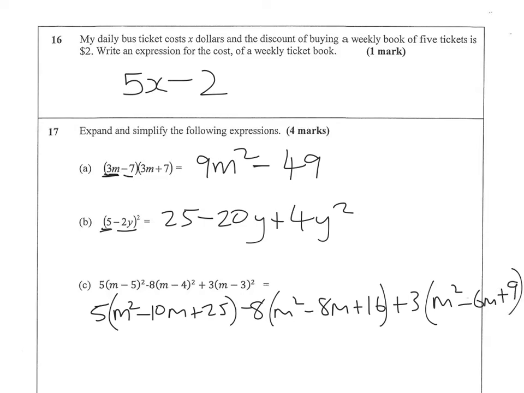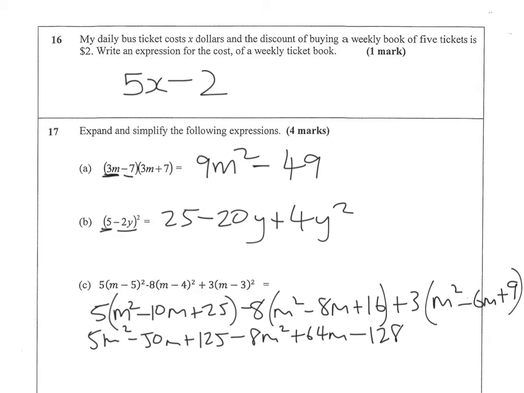So expanding all the brackets, 5 times everything, so we've got 5m squared minus 50m plus 125, take away now 8m squared, now negative 8 times negative 8 gets you positive 64m, and negative 8 times 16 gets us negative 128.